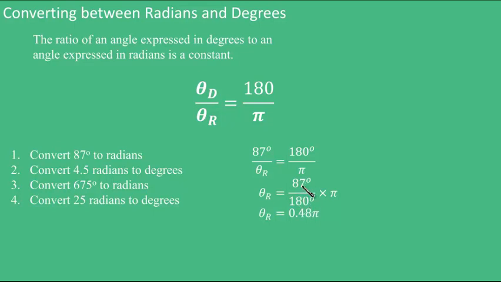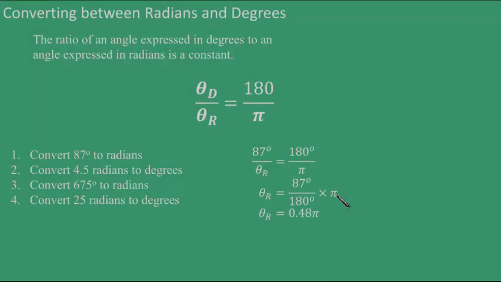In other words, this fraction is 0.48, so it's 0.48 of pi. So when converting to radians, given degrees, you just need to find out what fraction of 180 degrees is that angle that you are given. So 87 degrees, what fraction is it of 180? Multiply it by pi. And so you can then skip the step because this intuition here is pretty clear.